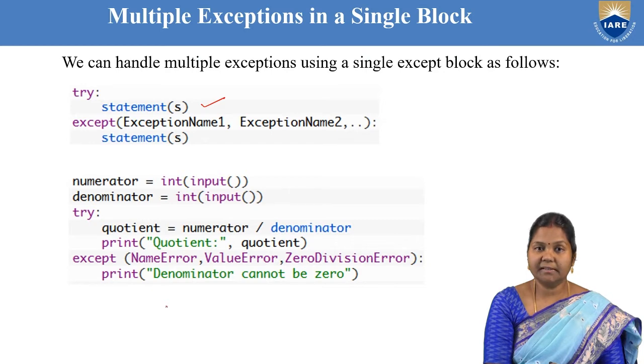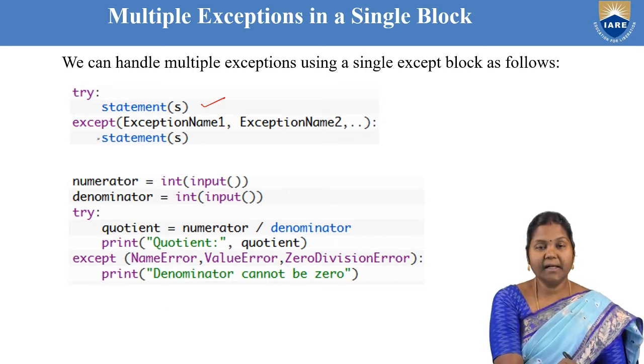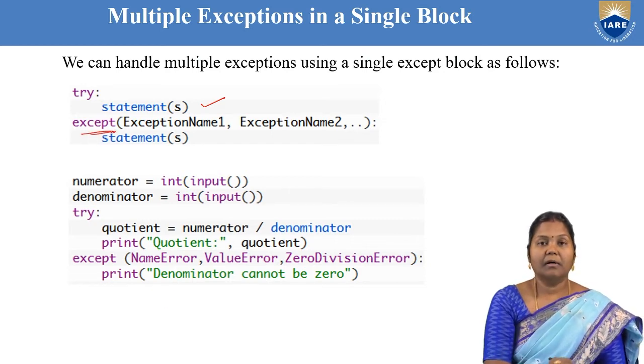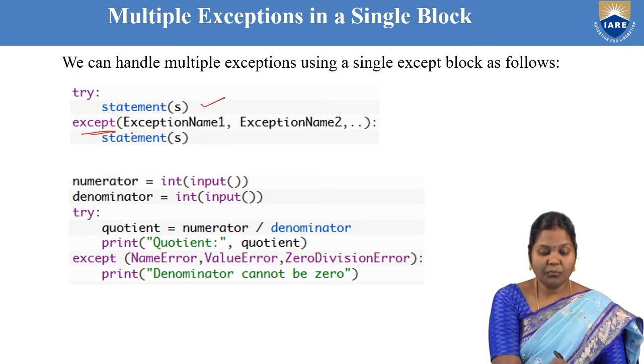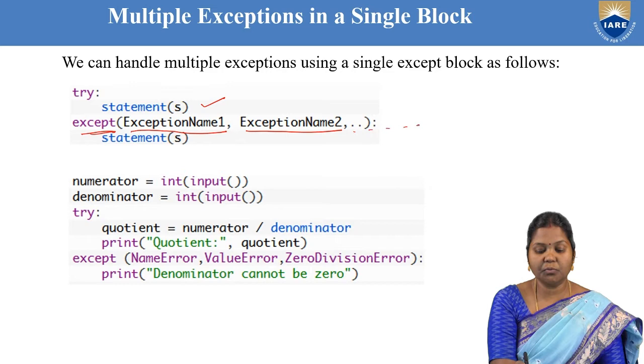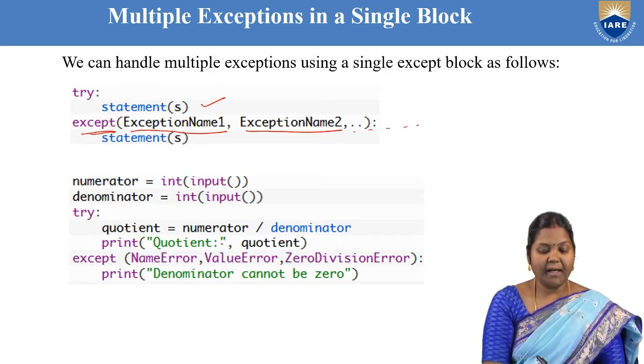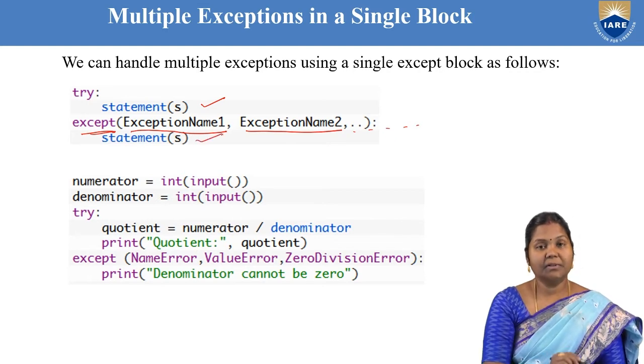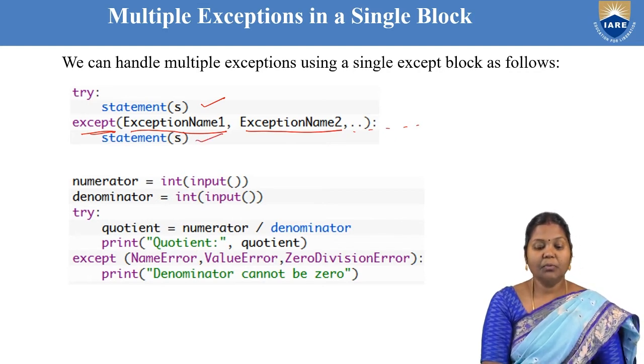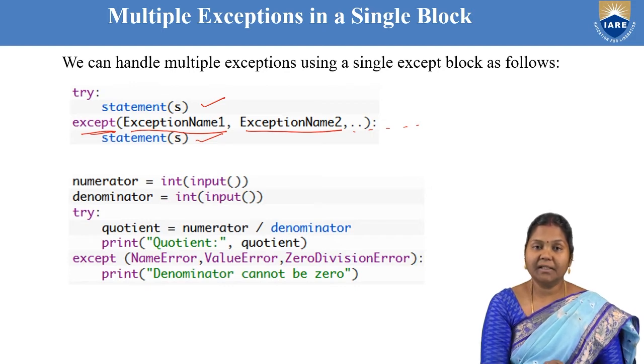If it raises an exception, inside the except we write except followed by the first exception name, second exception name, and so on. We can write n number of exception names. If any of them is true, then it will execute the statements. So, we can write multiple exceptions in a single block itself.